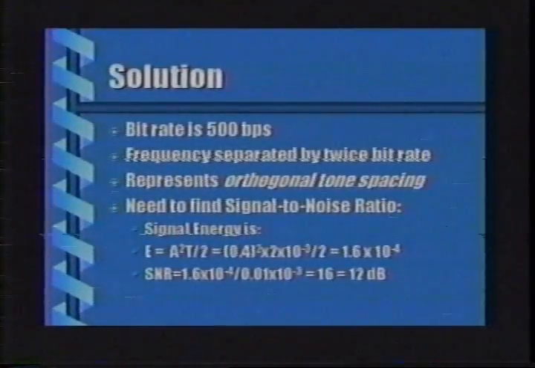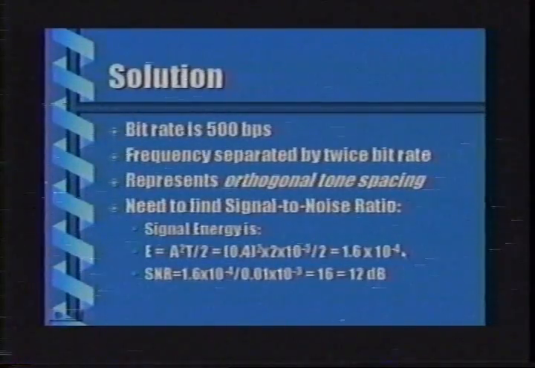Well, what we're going to need is the signal-to-noise ratio. The signal energy is simply the signal power, A squared over 2, the power of a sinusoid, times the period, T. So what you've got is 0.4 squared, that's the amplitude squared, times 2 times 10 to the minus 3, the period, divided by 2, which gives you a signal energy of 1.6 times 10 to the minus 4th.